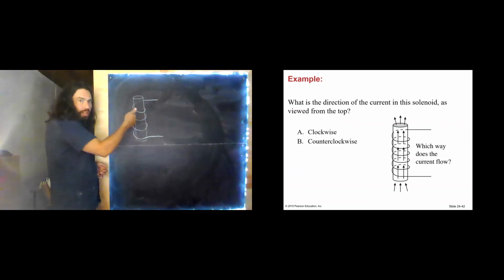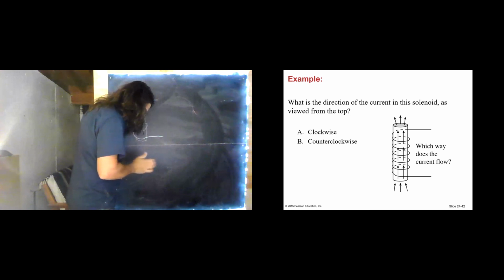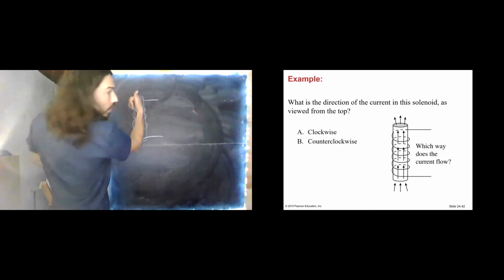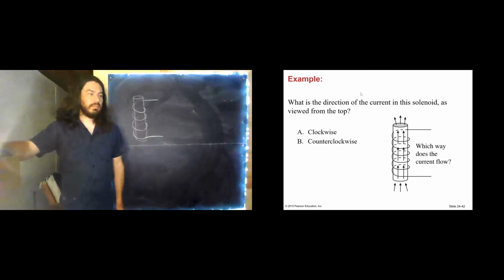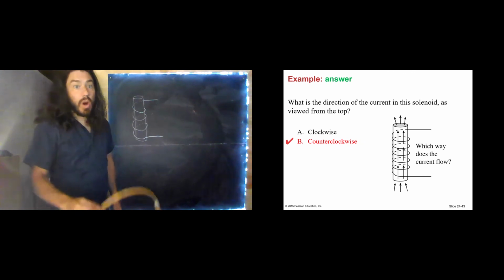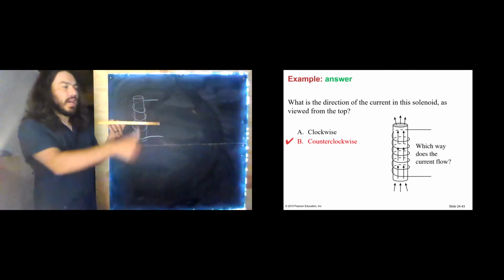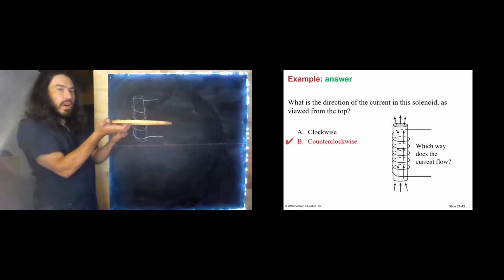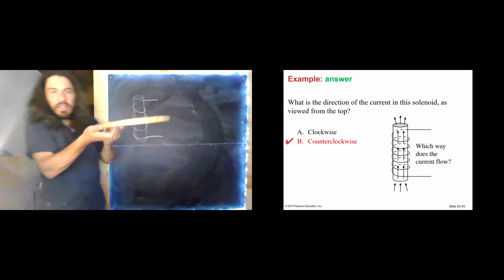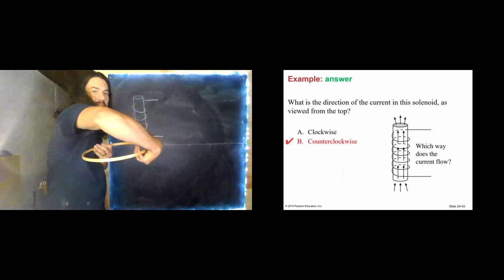Now let's answer the question. I'm looking down upon it from the top. As I look down upon it, I see that that is counterclockwise. Now notice that right-hand rule number 1, the original version, would work just as well, right? We've got a field going up on the inside, therefore the current is coming out on my right side and in on my left side.